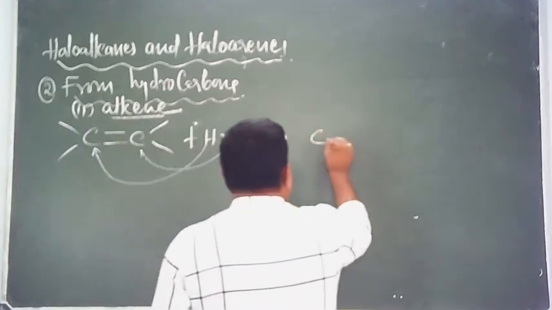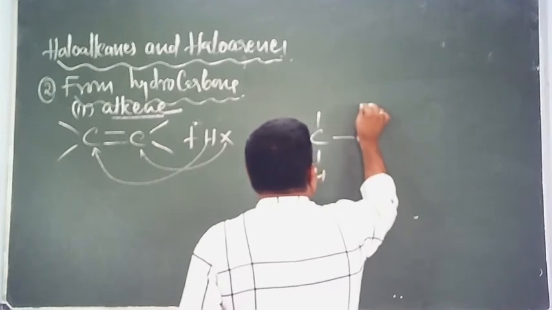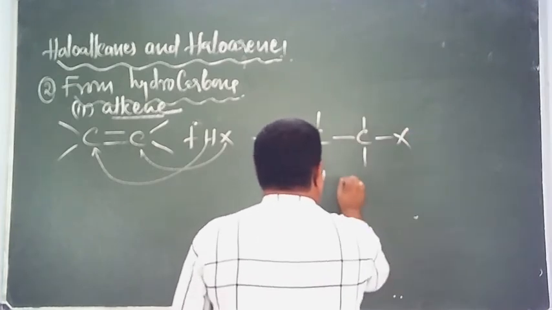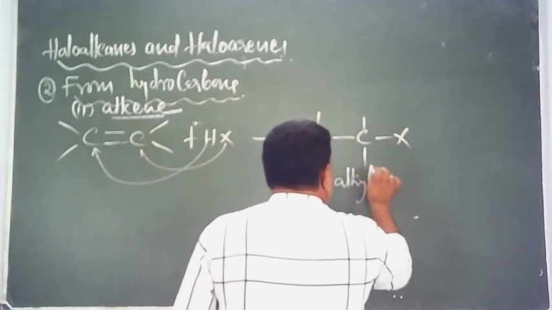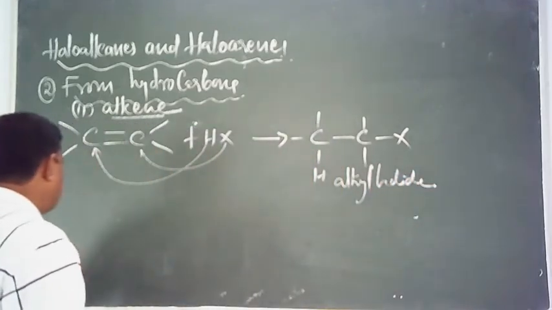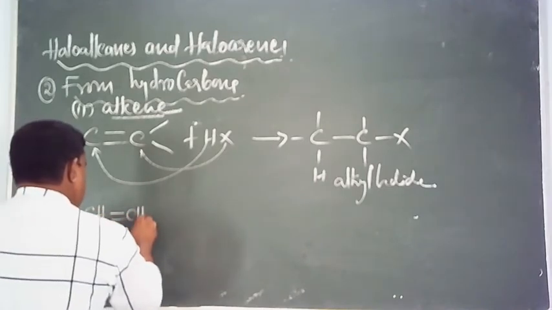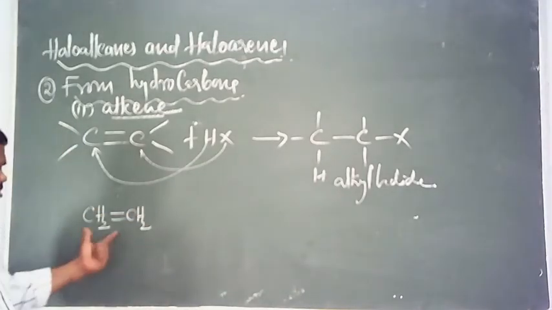What we get is an alkyl halide or haloalkane. Let me give a simple example, CH2=CH2, our ethene.